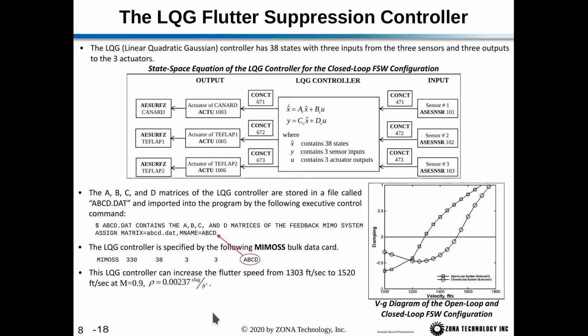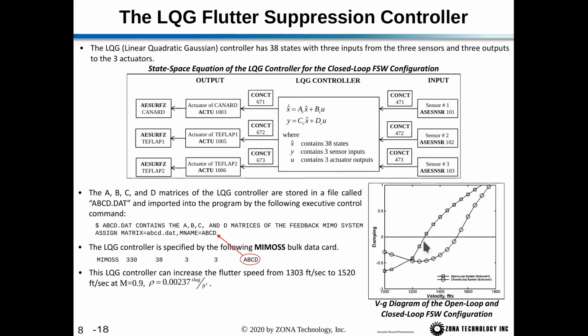This LQG controller can increase the flutter speed from 1300 feet per second to 1500 feet per second at Mach 0.9. And this density. If we do an open loop analysis, this is our resulting VG curve for the critical mode, and then in the closed loop analysis, this is the resulting VG curve for the critical mode.